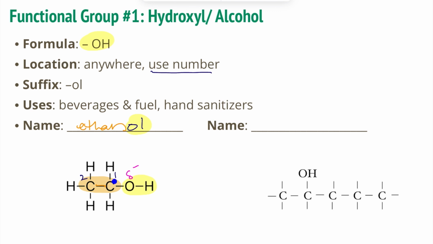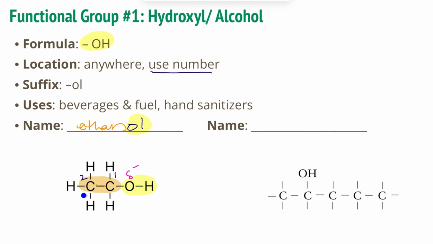I don't have any other place for that to go, and so this one actually doesn't need a number, because we don't have 3 carbons to indicate that it's in the middle. This one needs to be on the end, and so no number needed just because we have only 2 carbons.